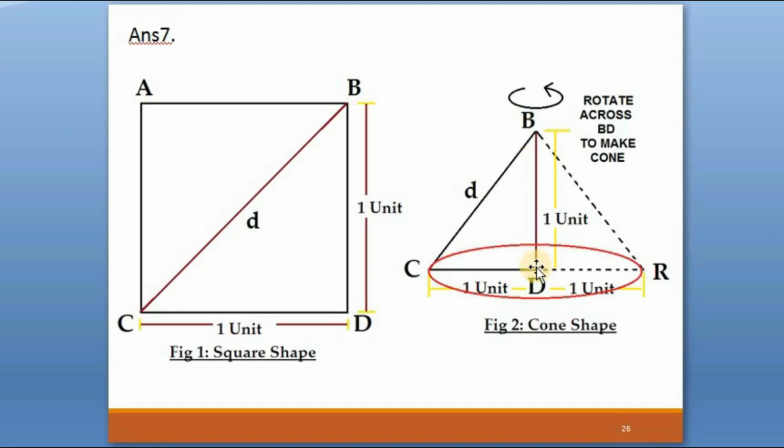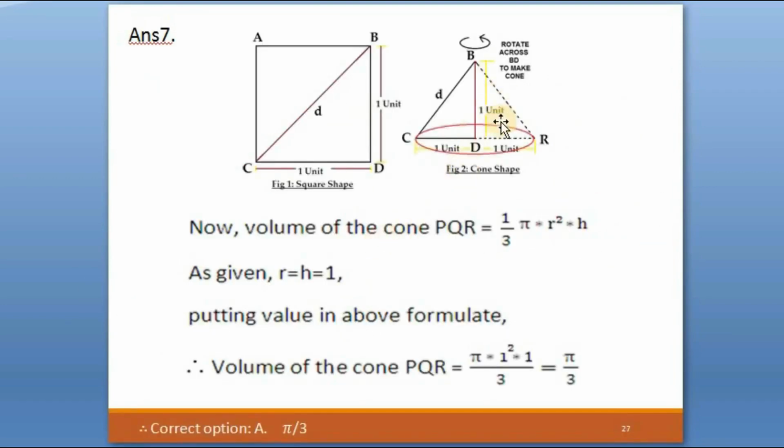So now this is a simple cone, and the formula of cone is, we all know, volume of the cone. If some cone is PQR, then how will we calculate its volume? 1/3 pi r² h.